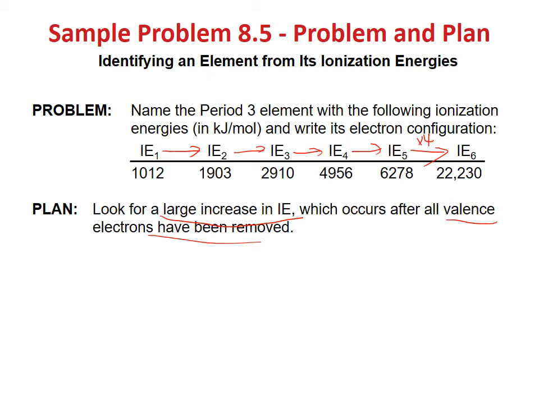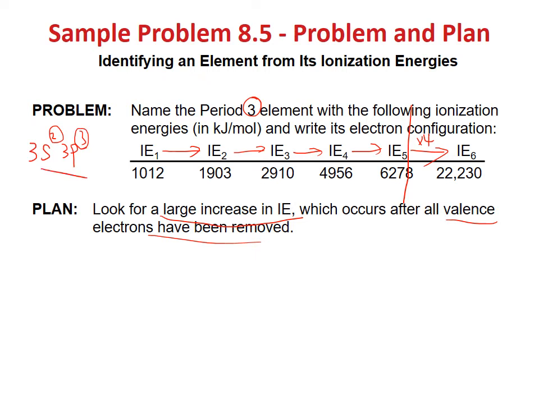So that indicates that up to the 5th electron are all valence electrons. So this element has 5 valence electrons. Now it's period 3, so the outer electron configuration should be 3s2 3p3. So 2 plus 3 gives you 5 valence electrons.